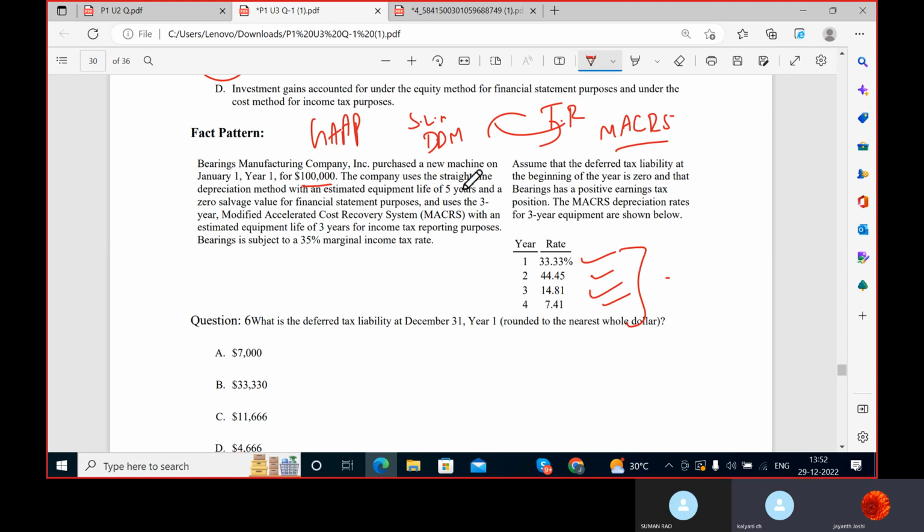The company uses the straight line method, 5 years is the life, and salvage value is 0, and they use 3 years modified accelerated depreciation. For financial reports they are using the straight line method, and for tax returns they are using MACRS.